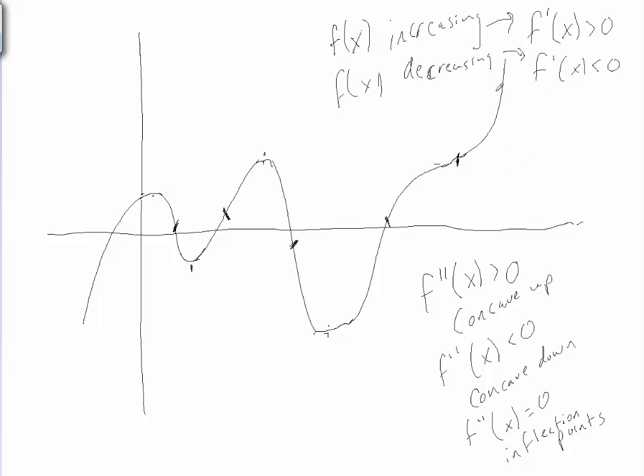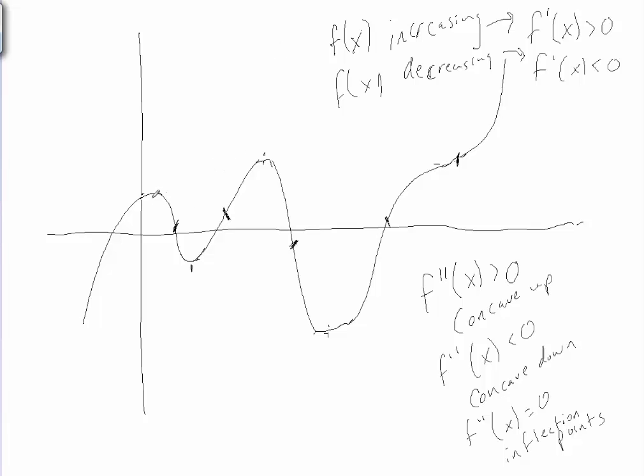And then a little bit about these extreme values, so relative max, relative min, relative max, relative min. Using the first derivative, setting it equal to 0, we can find these points. And then finding the second derivative at that point.